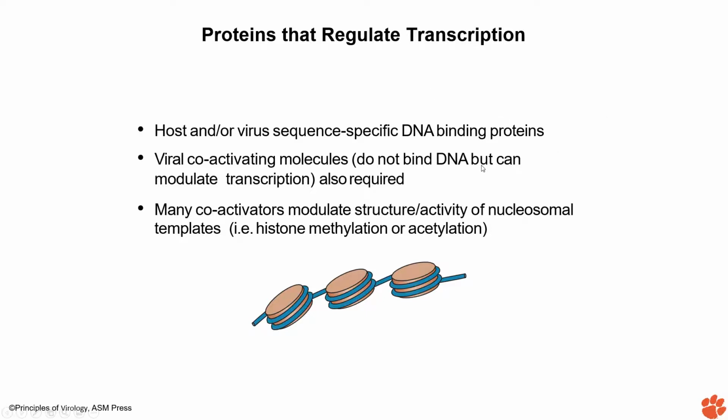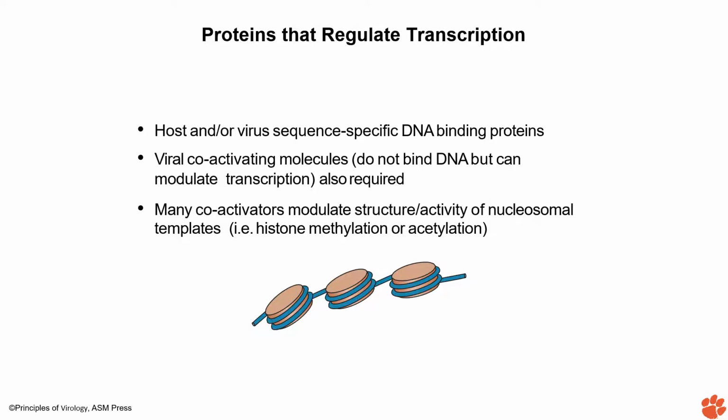That's very important. And there are some viral co-activating molecules. They do not bind to the DNA, but can also modulate transcription, and we are going to see that. And also there are some co-activators whose structural activity modulates the nucleosomal template, and this is the take-home message from this slide: the nucleosome structures can condense the DNA or loosen up the DNA.